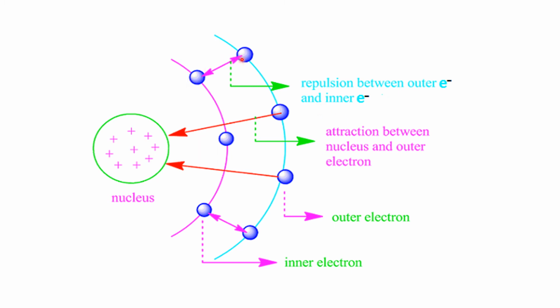So these inner electrons lead to shielding. These shielding or screening electrons affect the attraction between the nucleus and the outermost electron, because there will be repulsion between these electrons.